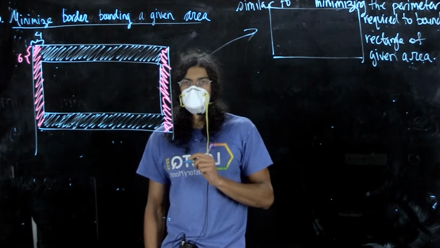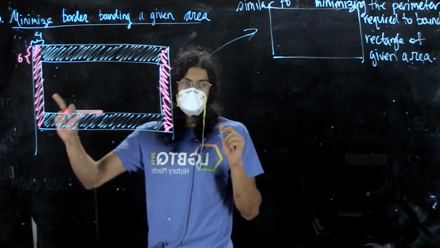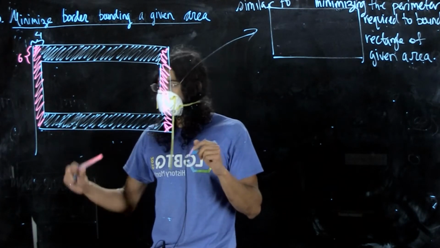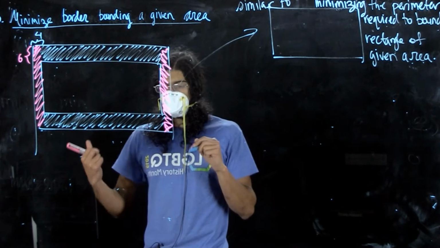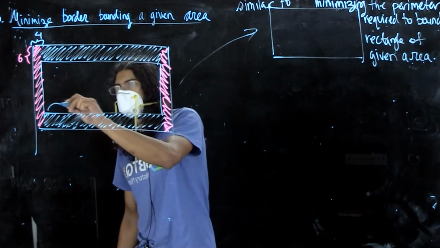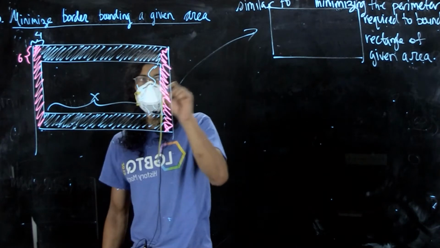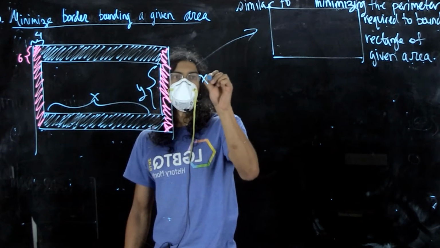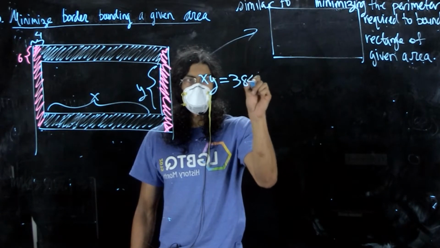And the constant area, the area that is fixed, this internal area, I'll call this x times y, is fixed at a given number, 384.